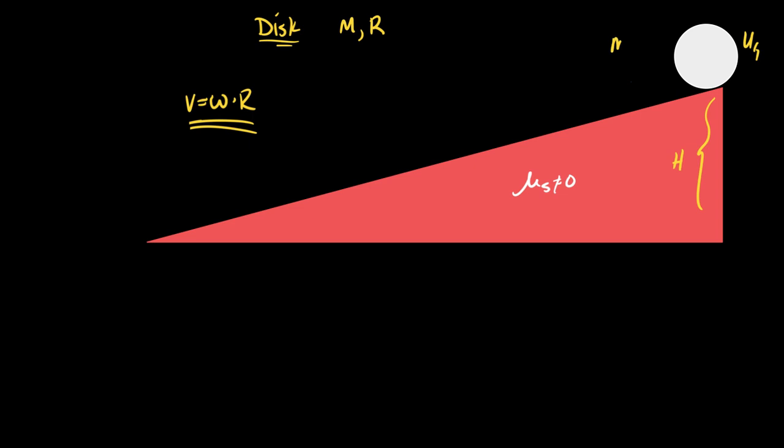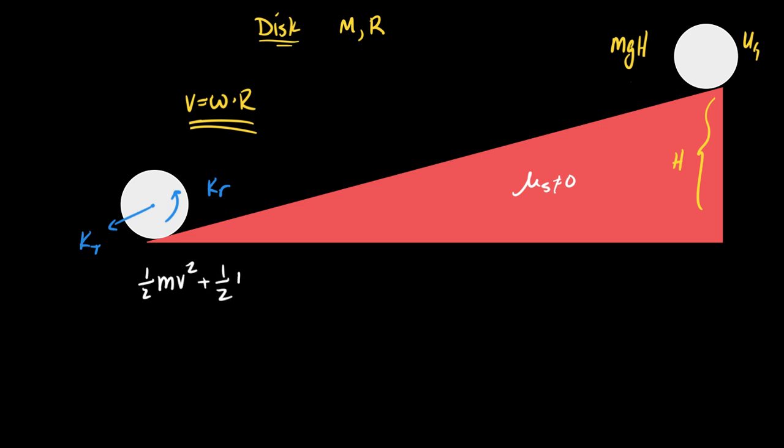So standard mgh. Once it reaches the bottom, it's converted that energy into rotational kinetic energy and translational kinetic energy. So at the bottom, we have 1/2 mv squared plus 1/2 I omega squared.